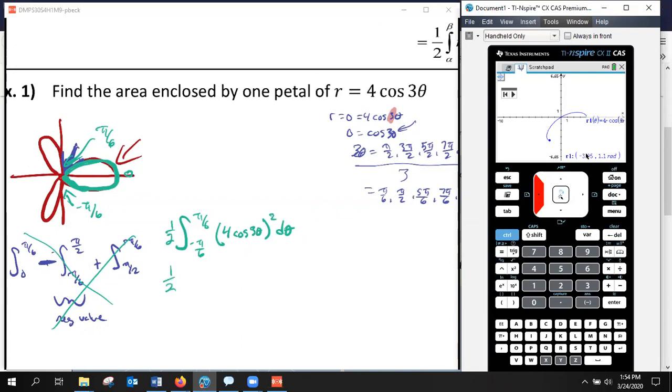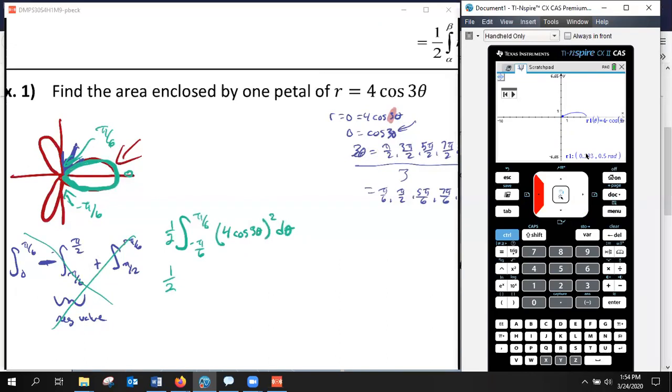There was a good question: could we do 2 times the integral from 0 to pi over 6? I was actually going to get to that, and I'm going to encourage that. What that referenced is, if I take a look at this half petal, it's going to make life a lot easier for us.